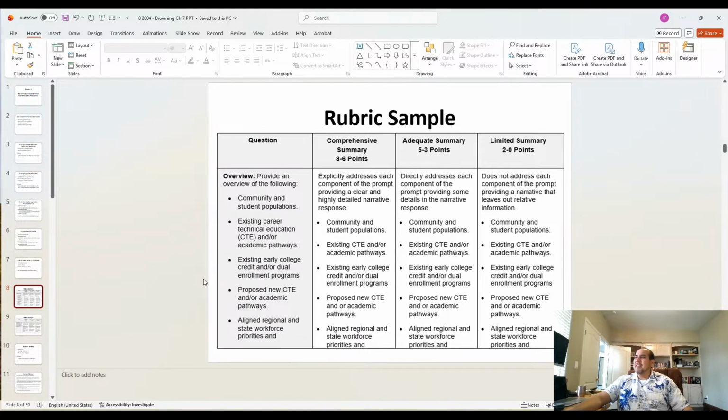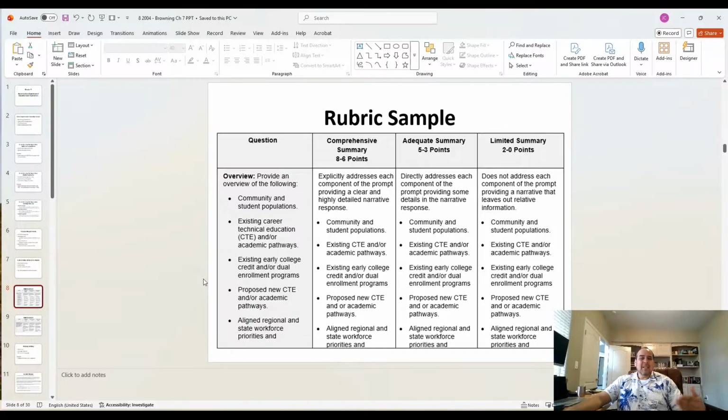The question is providing an overview of community and student populations, existing career technical education pathways, existing early college credit and dual enrollment programs, et cetera, right? You may get 8 to 6 points, 5 to 3, or 2 to 0. So this is like 0 to 8 points, okay? And so these are the things that you have to follow, right?